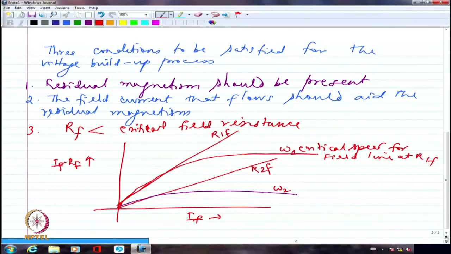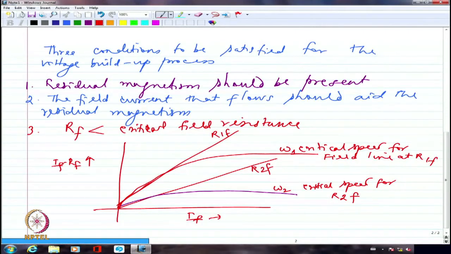This omega 2 will be the critical speed for R2F. This is how it will be. So I am going to have basically a critical speed defined for a given value of field resistance. Similarly, critical field resistance defined for a particular value of speed.